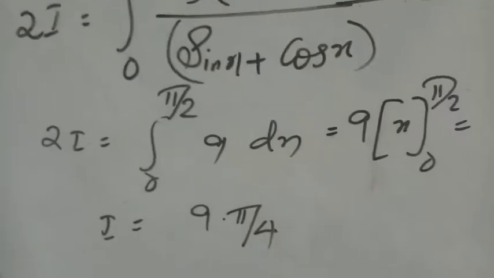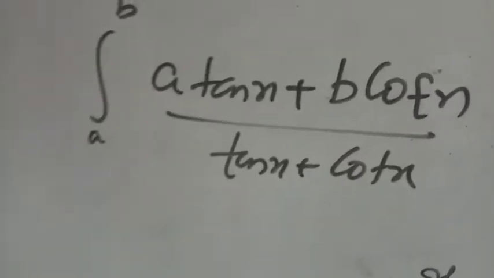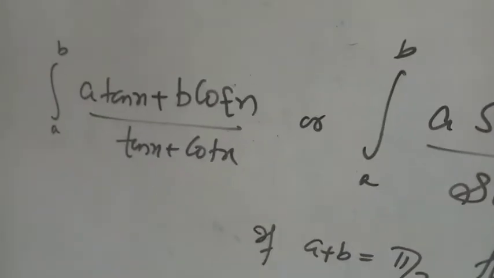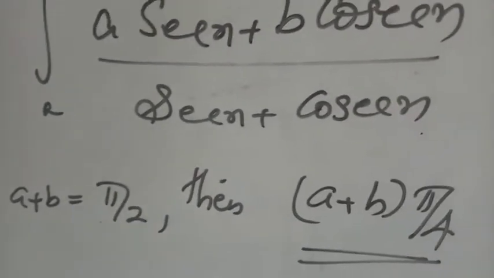Like this, you can solve integral a to b of a tan x plus b cot x by tan x plus cot x, and integral a to b of a sec x plus b cosec x by sec x plus cosec x. In all these cases, if the limits are from 0 to pi by 2, then the answer is a plus b into pi by 4.